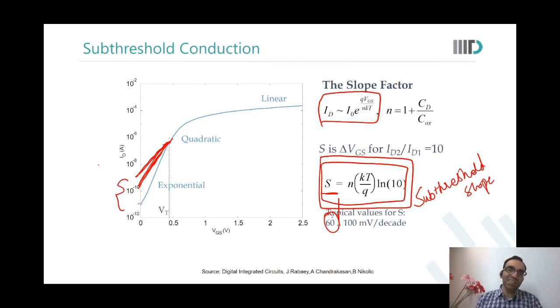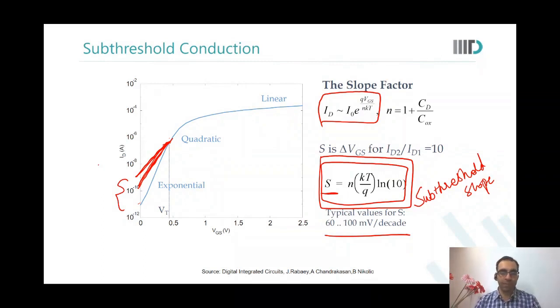You also need to look at how the leakage is moving, because that gives you an estimate of the subthreshold slope. Ideally we want a 1 decade reduction within 60 millivolts, because silicon cannot show anything better than that. Okay.